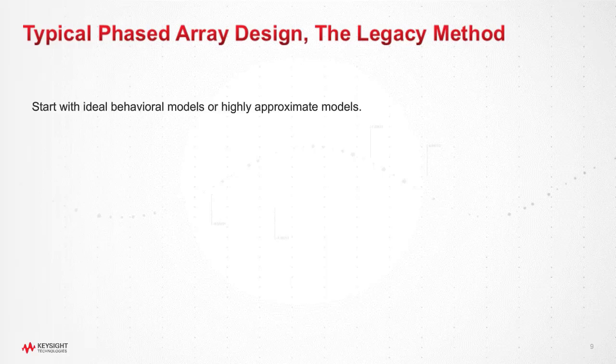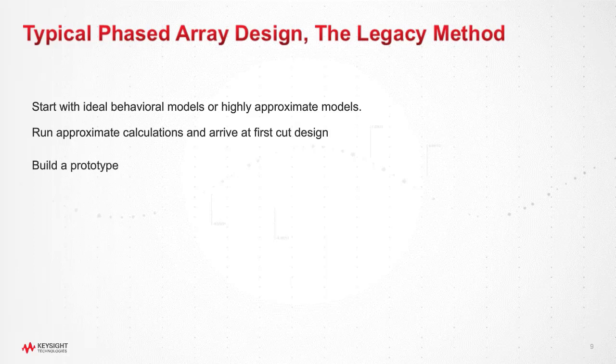The method starts with simple behavioral models with ideal characteristics or highly approximated characteristics. And then the simple design parameters and simple equations are used to arrive at a first cut design. But then a prototype is built and tested in the chamber.